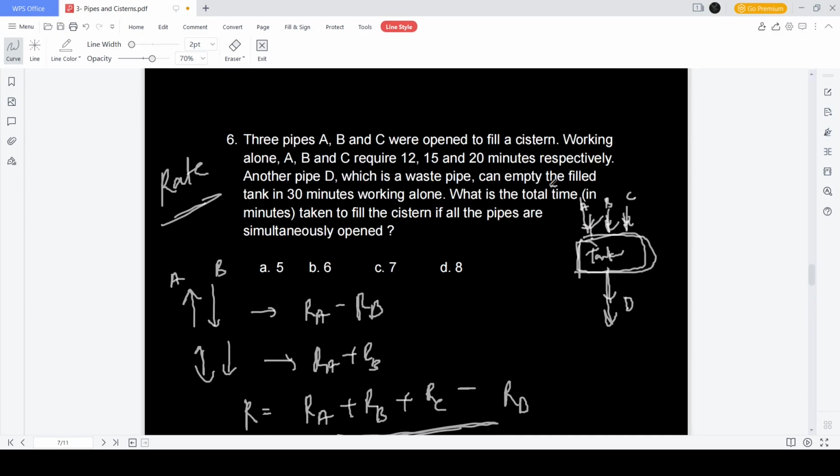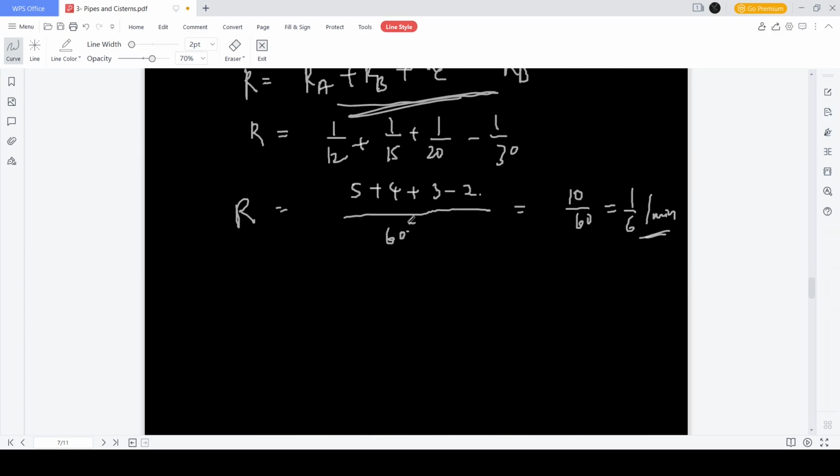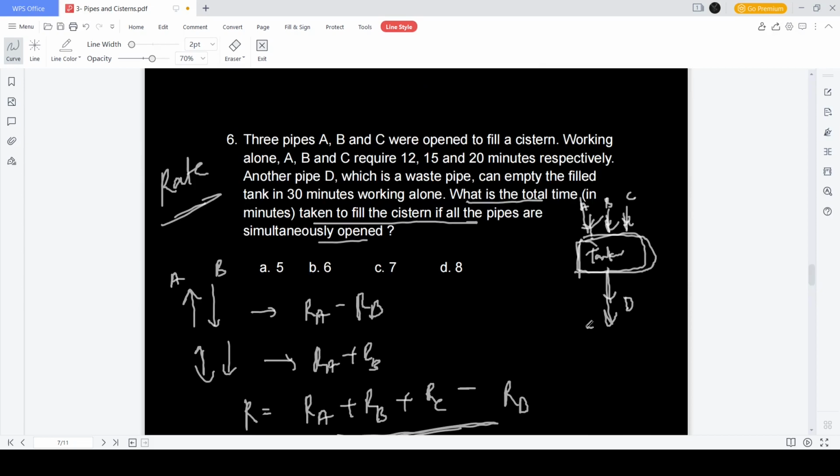They're asking what is the total time it takes to fill the tank. If the rate is 1 by 6 of the tank in 1 minute, then how many minutes does it take to fill the whole tank? That will come as 6. So 6 minutes to fill the whole tank in this given setup.